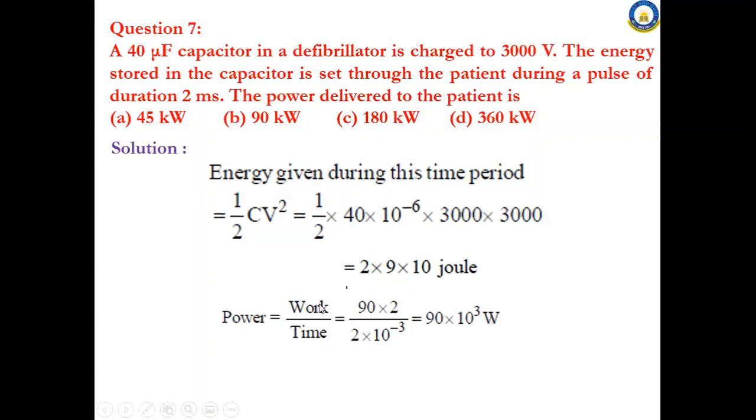Work is nothing but this energy which is stored in the capacitor and it is delivered through a time of 2 milliseconds. So 90 into 2 by 2 into 10 power minus 3. So this will be 90 into 10 to the power of 3 watts or 90 kilowatts. Okay, so 90 kilowatts. So this is option B.